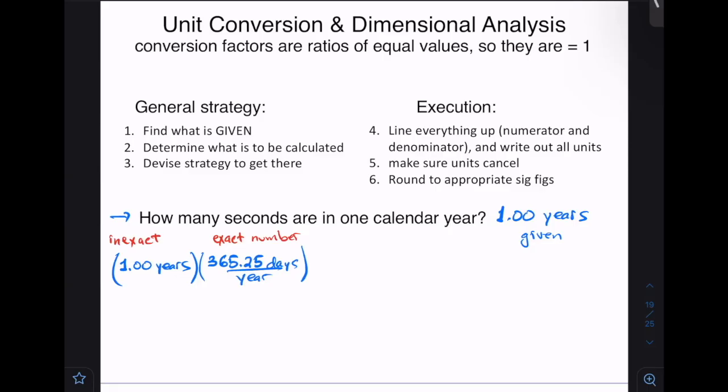But exact numbers, those are our counting numbers, all right? There's no uncertainty there. All conversion factors are exact numbers. So in other words, we don't pay attention to sig figs here as far as our rules. So these don't affect the sig fig rules.